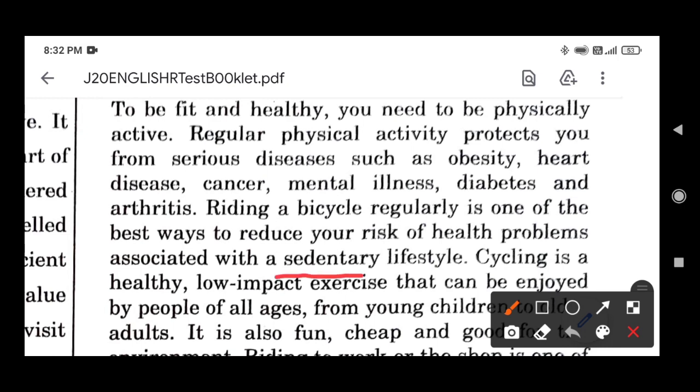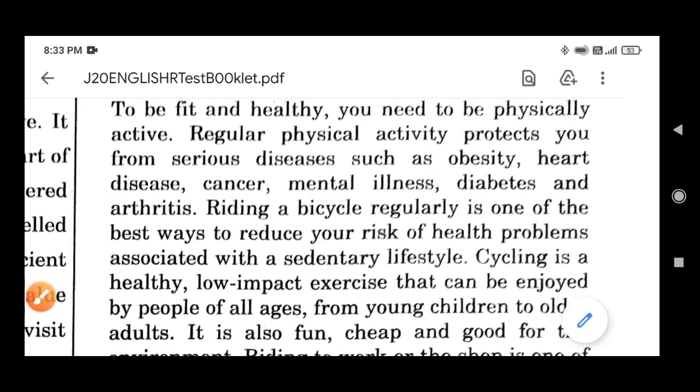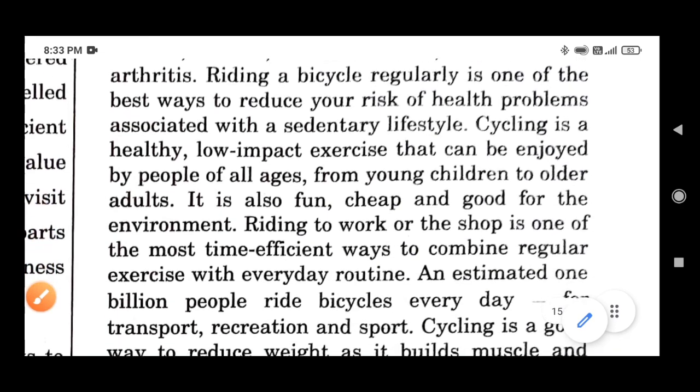The word sedentary is somewhat new, and we are not familiar with it, so we need to underline it. And one more thing: obesity, heart disease, cancer, mental illness, diabetes, arthritis, we need to underline. In such a way we need to underline important words and important sentences.